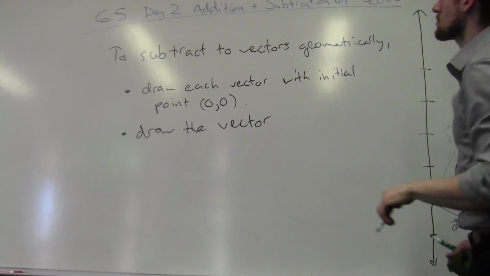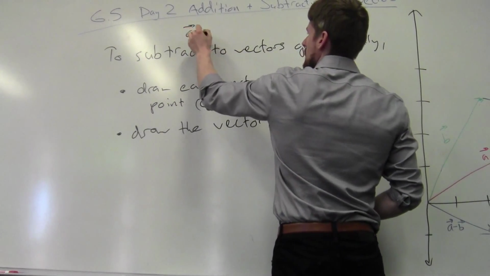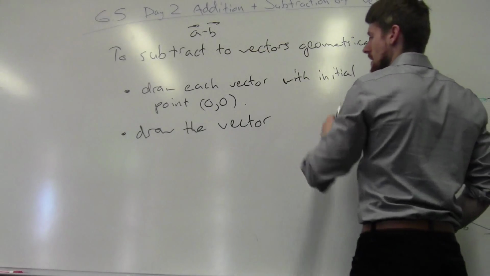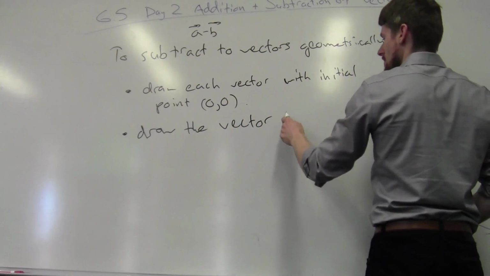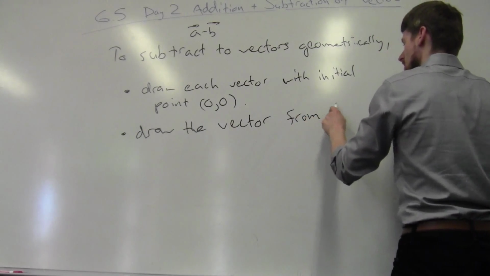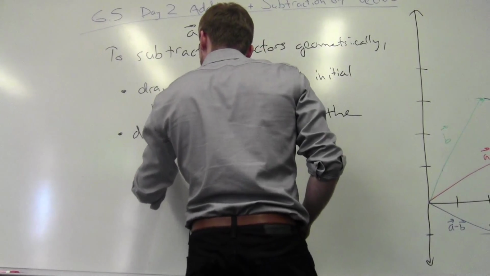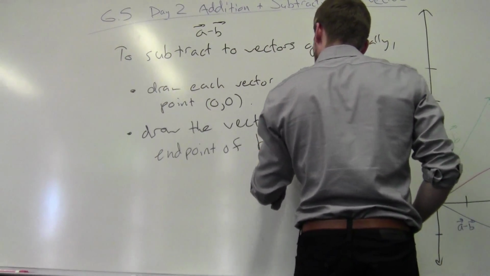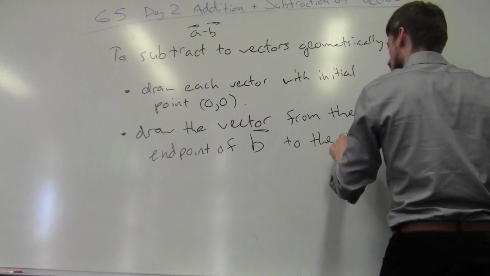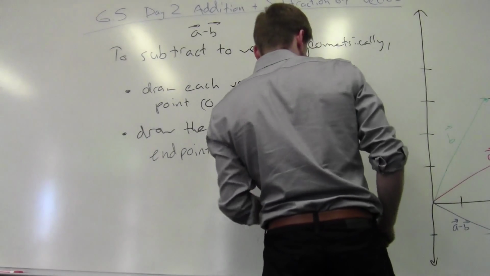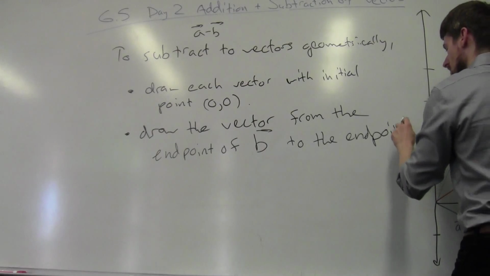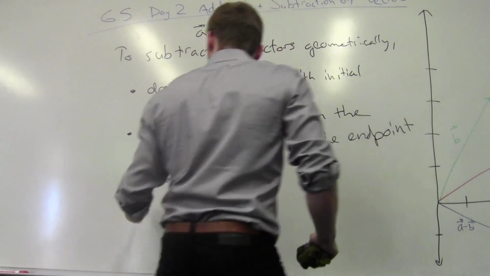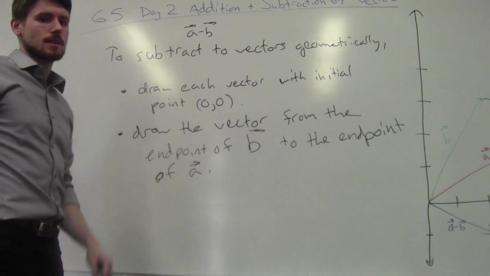To subtract A minus B, because the order matters, do A take away B: draw the vector from the endpoint of B to the endpoint of A, and that vector is the difference vector.